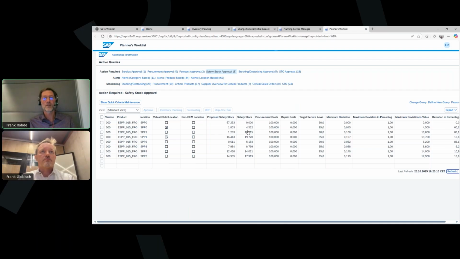So the safety stock that we had before was this, and now we have this. Now again, the safety stock is split differently in the network. So we have on the entry location 75 pieces of safety stock, and we lower a little bit on the customer facing locations.